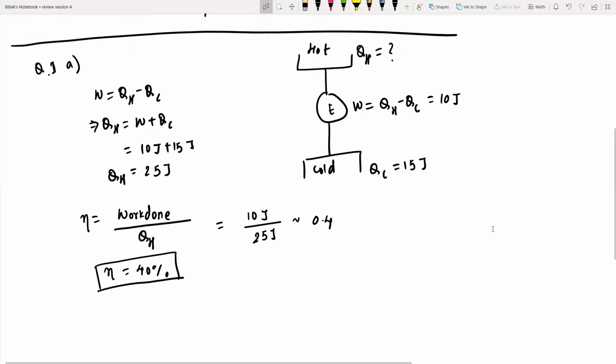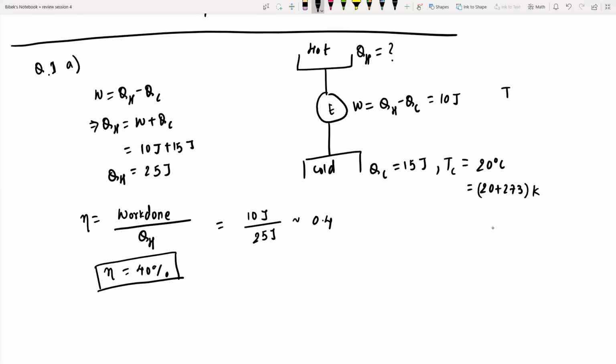And for the next part, you are given the temperature. You are also given the temperature of the cold reservoir, about 20 degrees centigrade or Celsius. If you change it into Kelvin, don't forget to change it into Kelvin. It's very important for heat engine problems: you need to convert them into Kelvins.